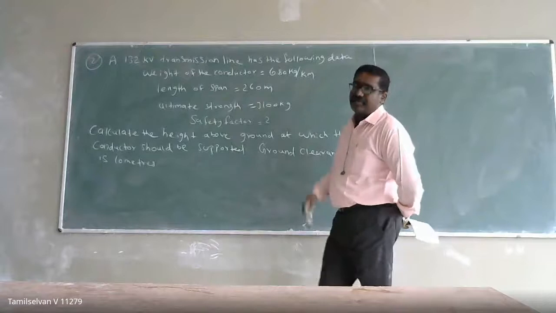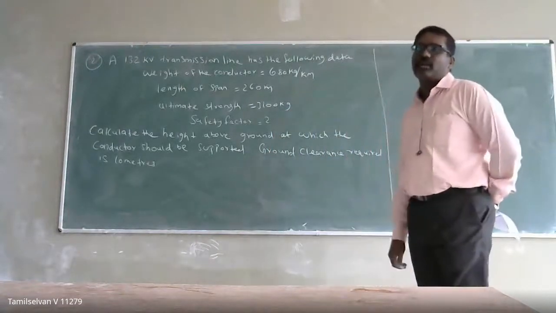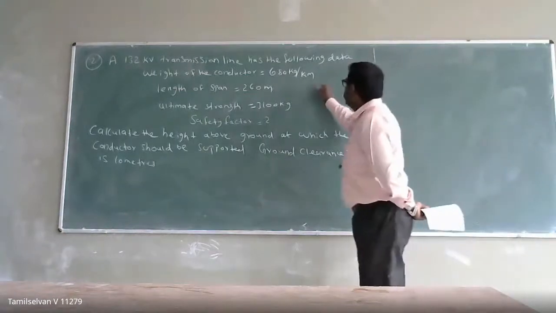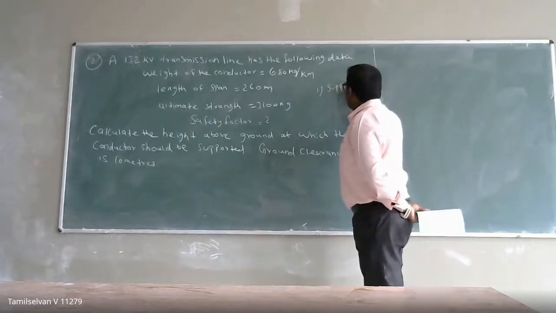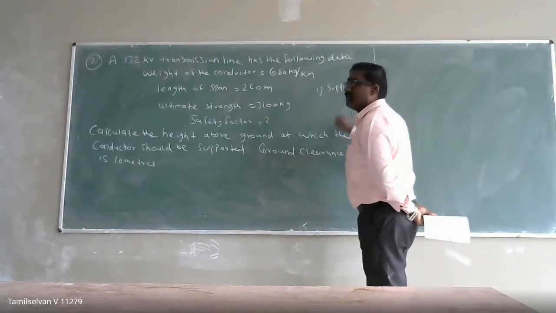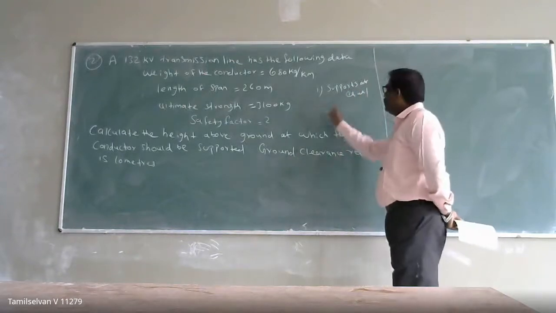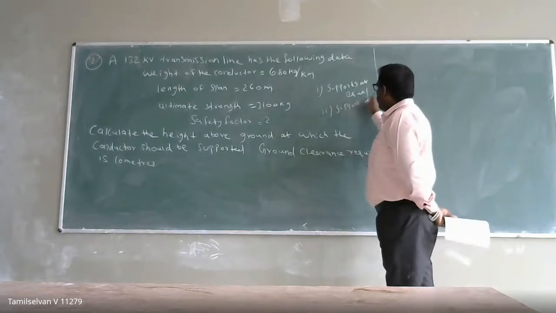In the previous theoretical session, we have seen how to calculate the sag and tension of our overhead transmission line. We have seen two cases: when the supports are at equal level, and when the supports are at unequal levels.